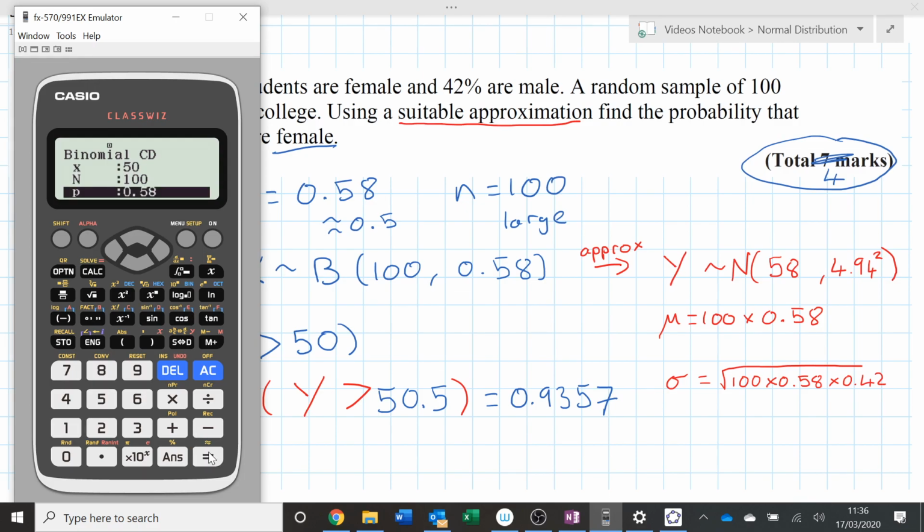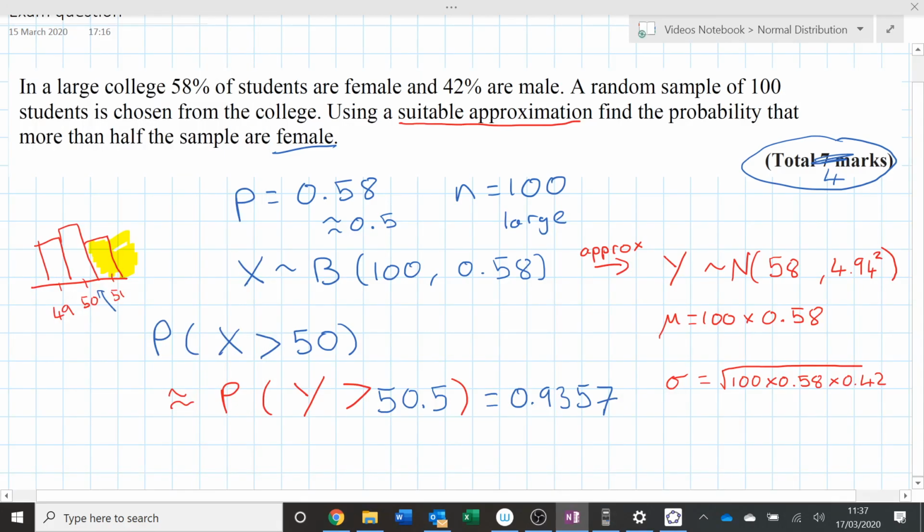I get this probability. And if I store that as b, 1 minus that, because I got less than or equal to 50, 1 minus the value I just got, I get that, which is pretty much what I got. Not quite, because it was an approximation, but this is the actual exact answer, whereas what I got was just an approximation, so it's a bit weird. Why are we doing it? But it is something we still can do. We can approximate a binomial distribution with a normal distribution.